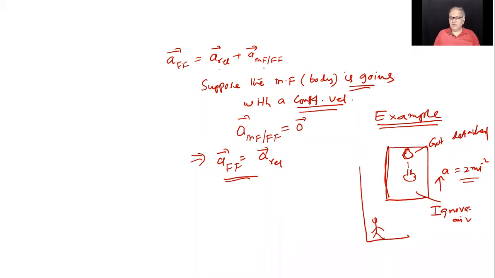So tell me, Vasist, with what acceleration is the bulb falling, to a person A and to a person B? A is fixed rigidly to the ground, B is fixed rigidly to the lift. Yes, sir. So for A, it's just falling with g, but for B, it's falling with g plus 2. G plus 2, that's correct. So he's very clear now.